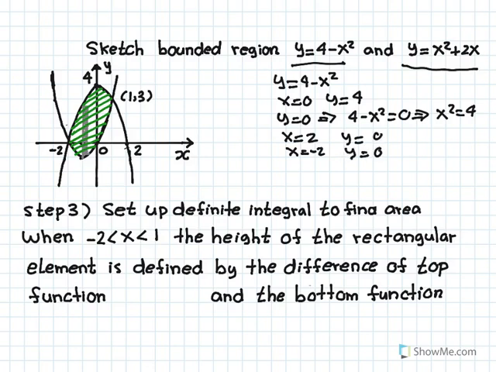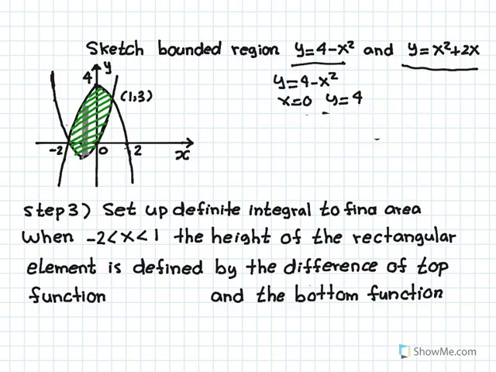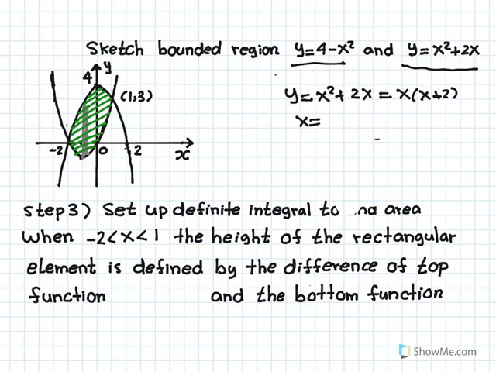Now let's look at the other equation. Let me erase some of this to make room. For the second equation, y equals x squared plus 2x, which is x times x plus 2. If we make y equal to 0, x equals 0 and x equals negative 2.